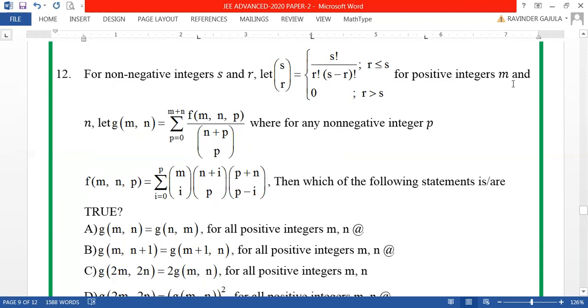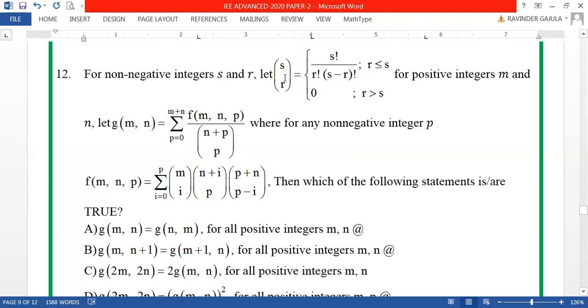For positive integers m and n, let g m n be defined like this. g m n is sigma p equal to 0 to m plus n of f m n p by n plus p choose p.